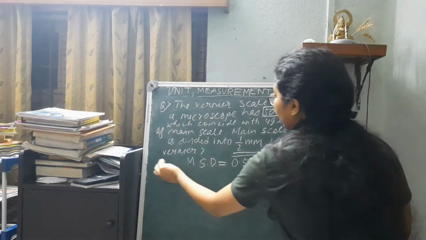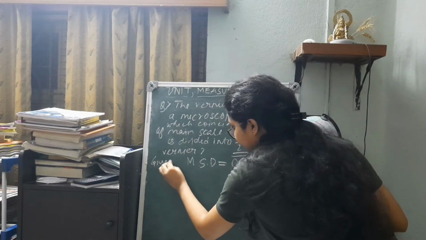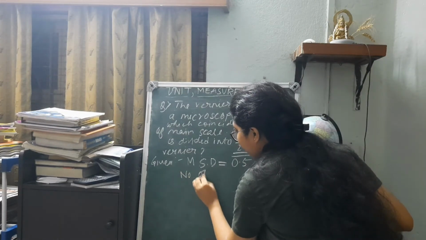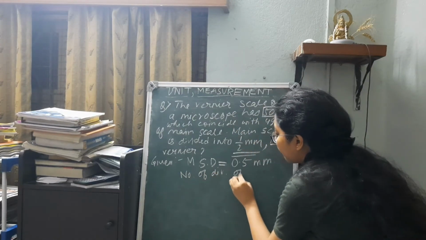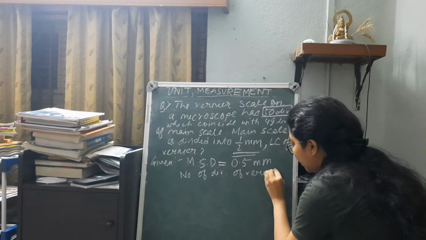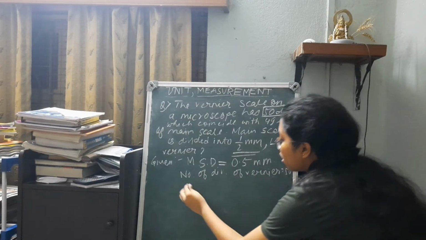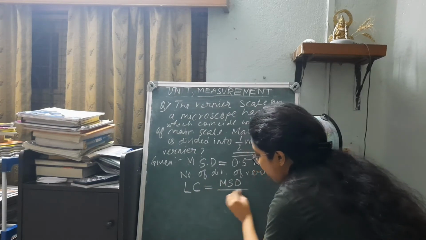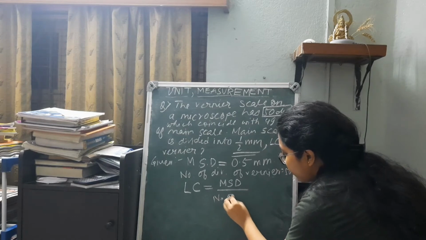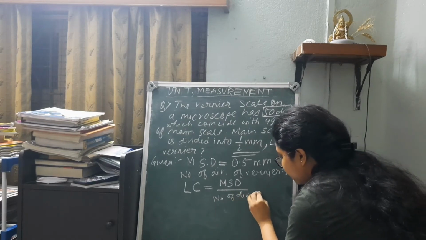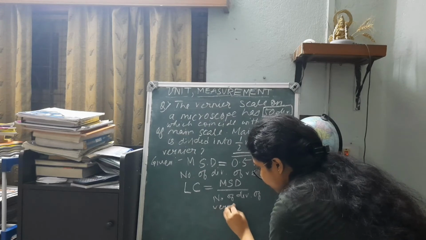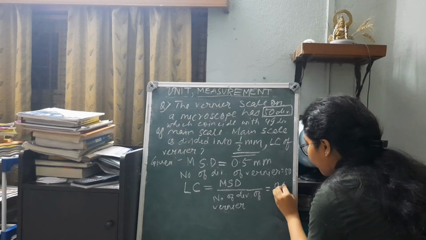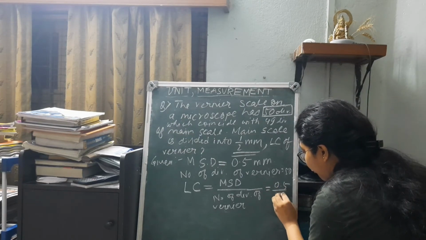That is given to us, and then it has been given that the number of divisions of vernier is equal to 50. So we know that the formula is least count is equal to main scale division divided by number of divisions of vernier, that is 0.5 by 50.